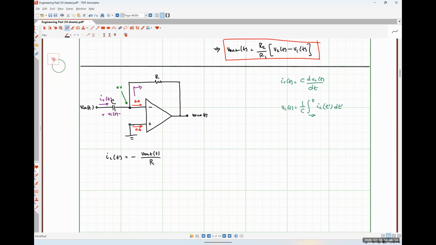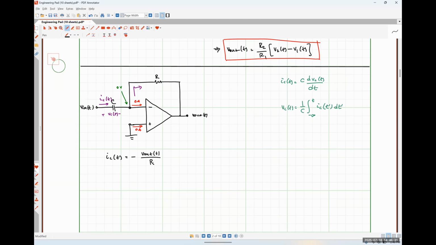So instead of saying all of the currents flowing out of the inverting input node add together to make 0, I'm simply saying the current that flows into the inverting input node is equal to the current flowing out of the inverting input node.